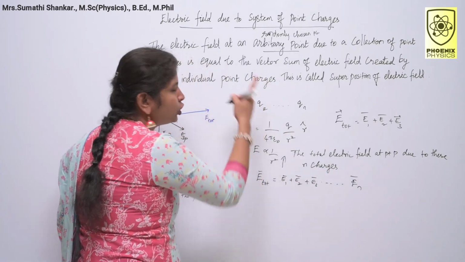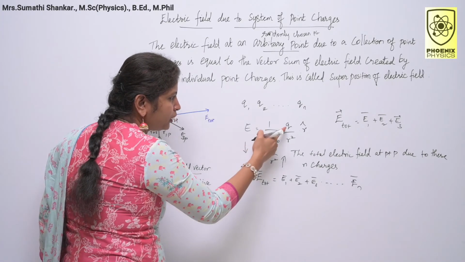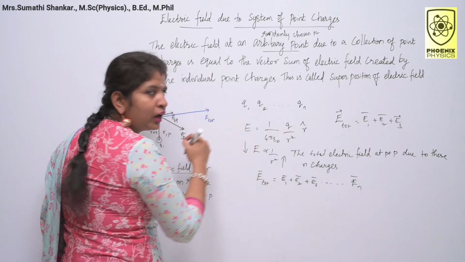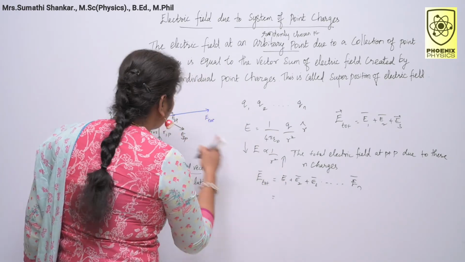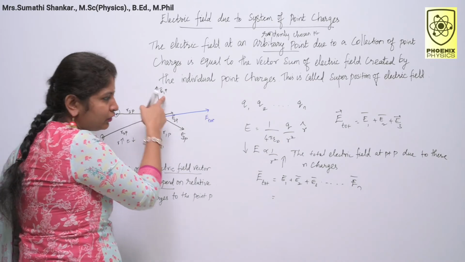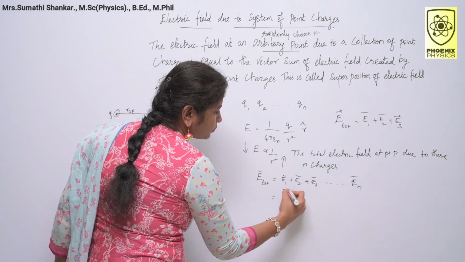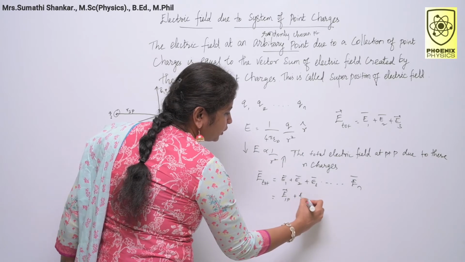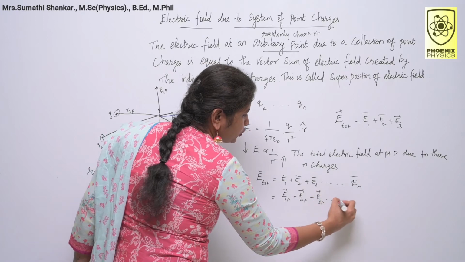By applying superposition principle. Know the formula. E is nothing but 1 by 4 pi epsilon naught Q by R square R cap. You apply the same formula. Here I have E1 electric field. So instead of this you can write it as E1P plus E2P plus E3P up to EnP.